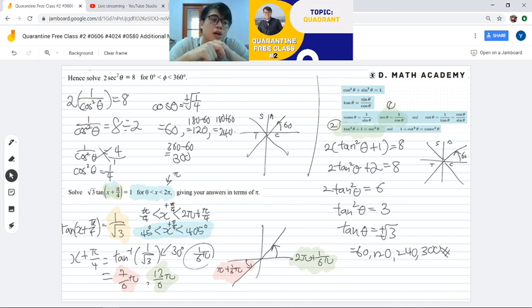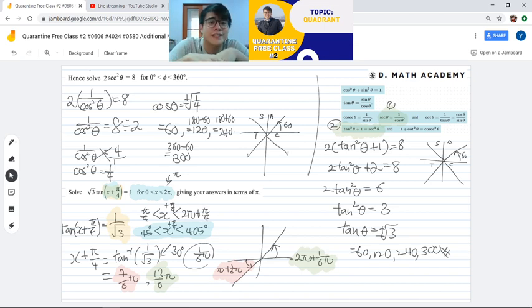Okay, usually each of these questions will get you about 4 to 6 marks, depending on the difficulty level. So the total for this particular section usually hovers around 15 to 18 marks. So it's quite a huge topic.